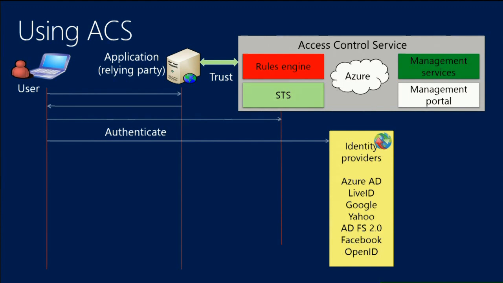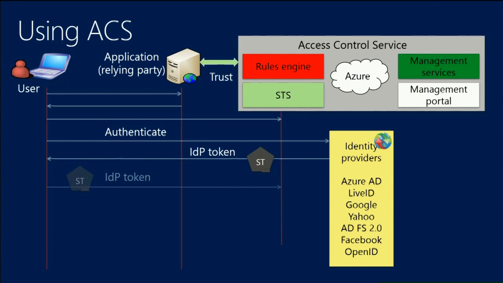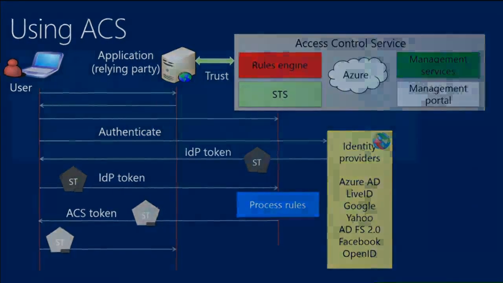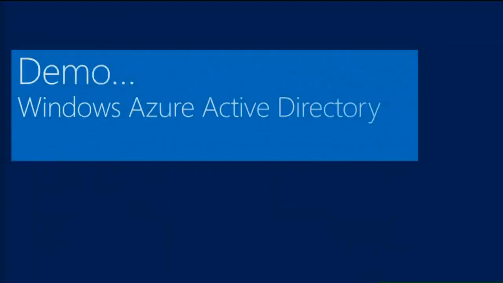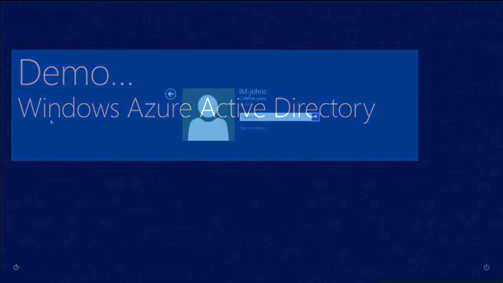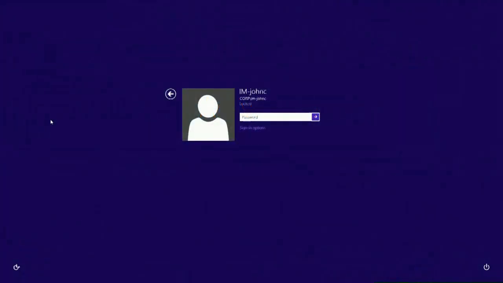You authenticate with the appropriate identity provider, which returns a token, which then gets passed back to the access control service, processed up there, passed back to the user, who in turn passes it back to the application, and you are authenticated.